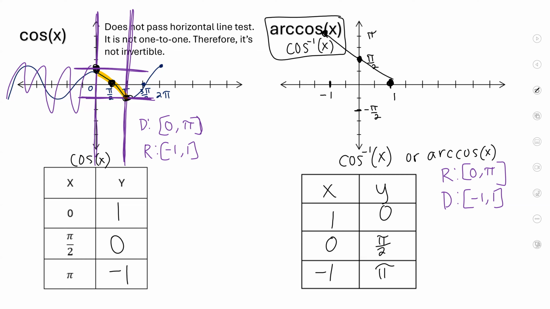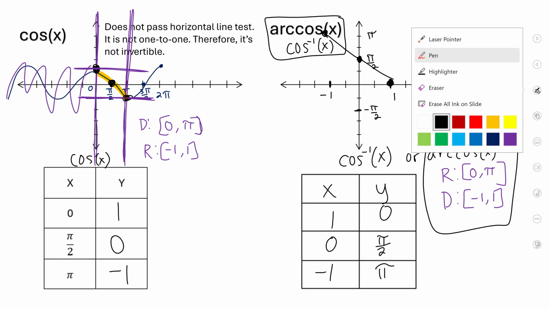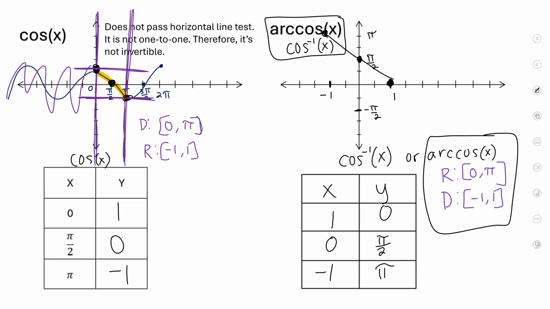Okay, so we have to memorize this. This is the domain and range for arc cosine. Guys, we restricted the domain of cosine, okay? So we only look between 0 and pi. That means on your unit circle, you're only looking between here at 0 and here at pi.